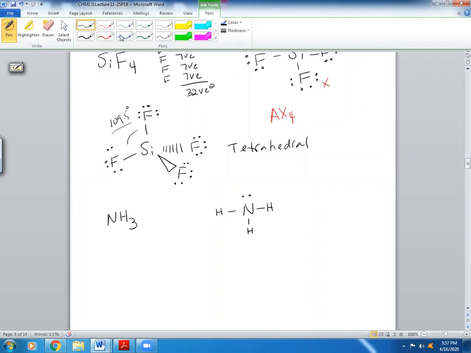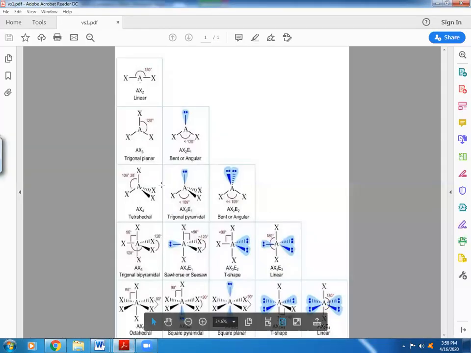AXE method. A, X, X, X, and this is E. So we have AX3E1. Okay, let's go to our sheet. AX3E1. Here it is. Trigonal pyramidal.